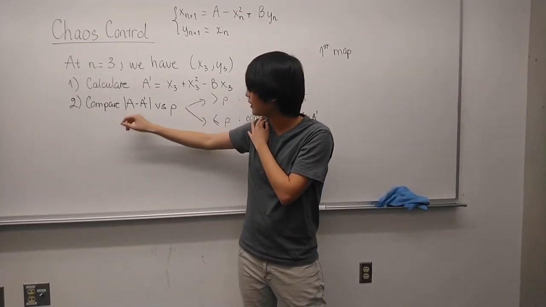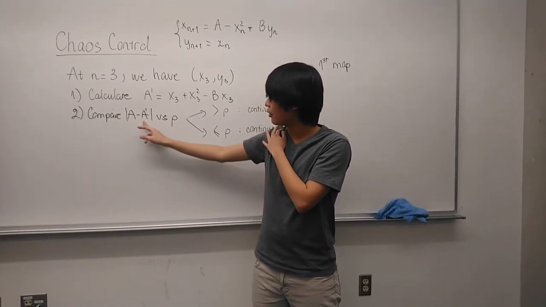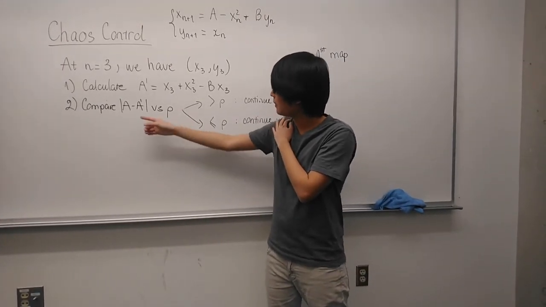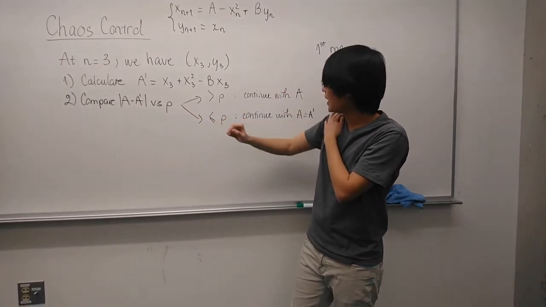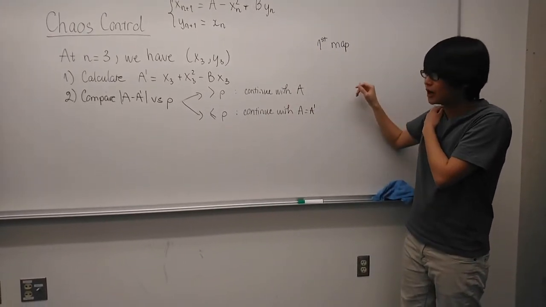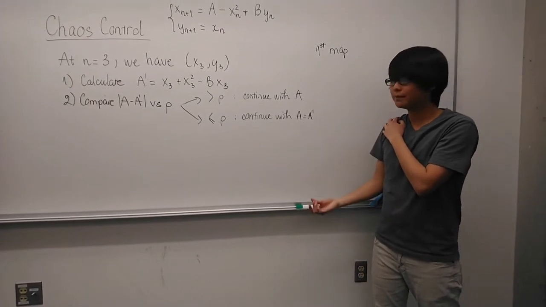Afterwards, I compare a prime with a. If a prime is within a range rho of a, then we change a to a prime and then proceed to the next iterate with a prime.